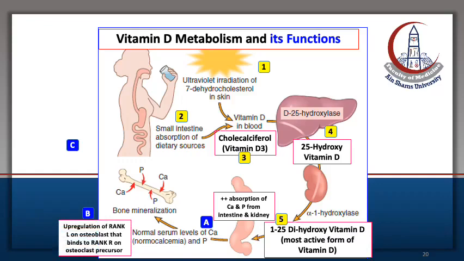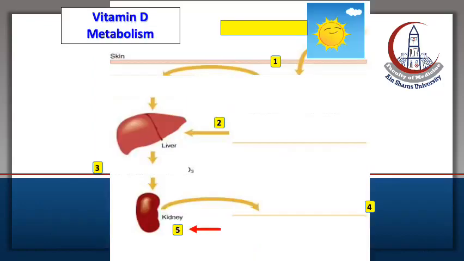This will help in activation of RANK gene on osteoblast that binds to RANK-R on osteoclast precursor, performing proper remodeling of osteoid matrix, and production of calcium binding protein called osteocalcin. This is produced by osteoblast. This will help in binding the calcium from the serum into the bone matrix.